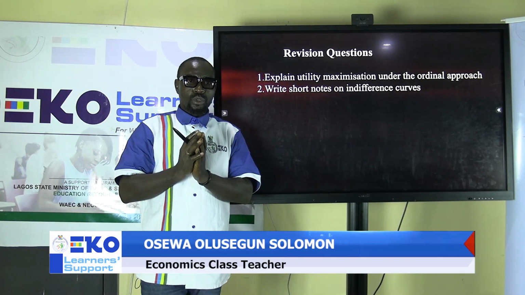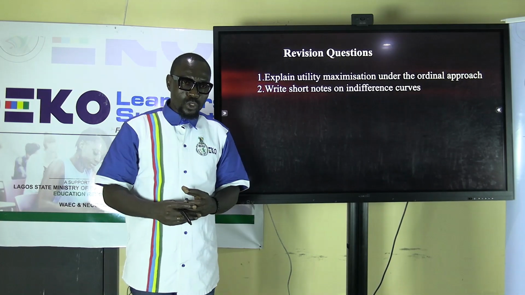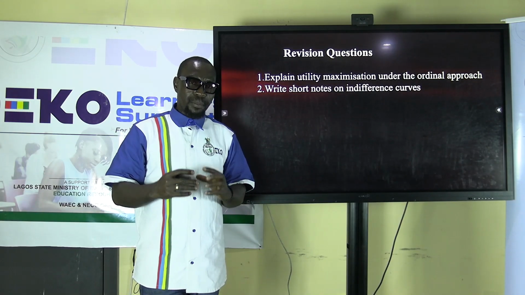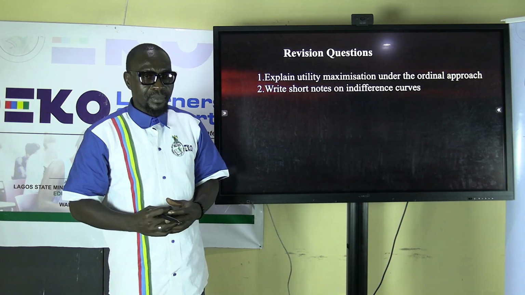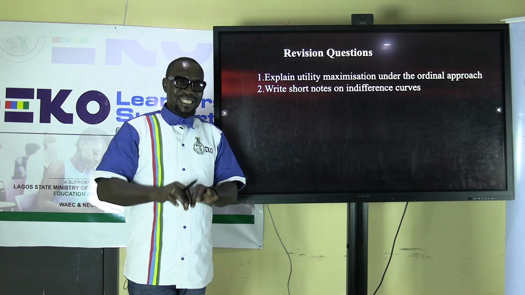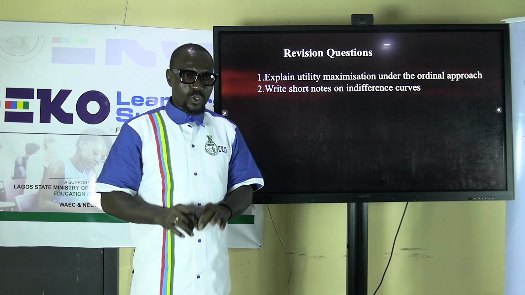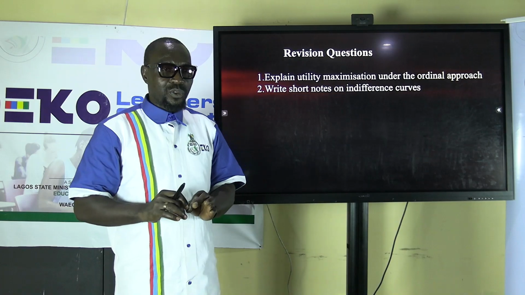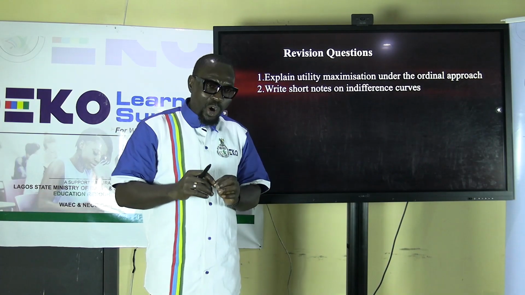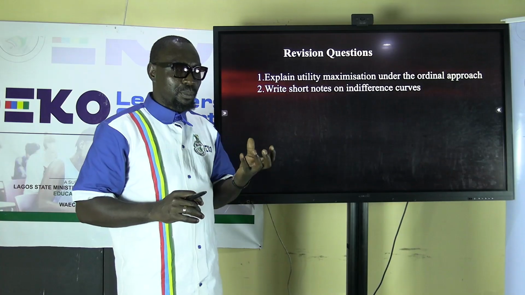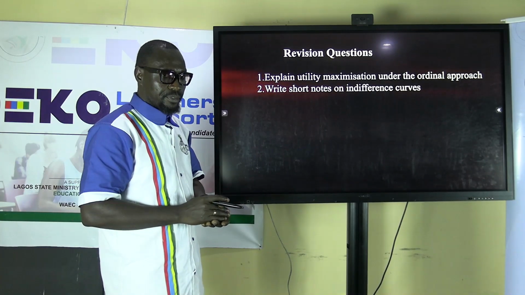Having looked at how to arrive at utility maximization, or the level of highest satisfaction available to a consumer, using the ordinal approach, which does not support the measurability of utility, we have seen that that position is attained where the budget constraint or the income of the consumer gives the highest level of satisfaction with the indifference curve available to him, and that point is reached when the budget line is tangential to the indifference curve.